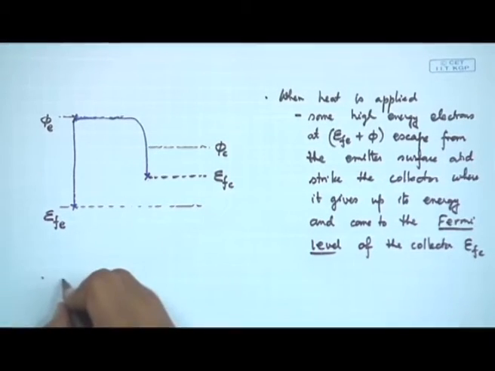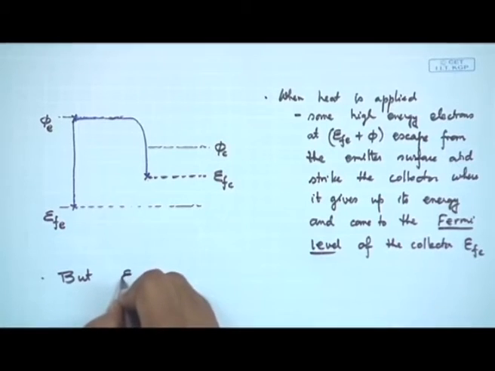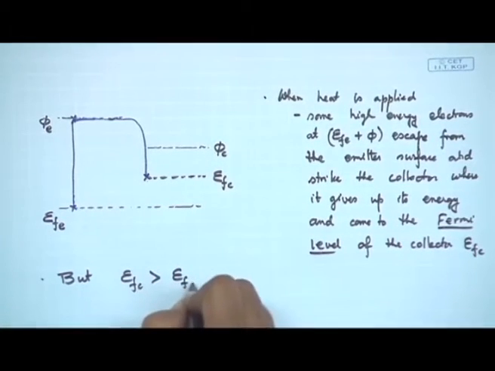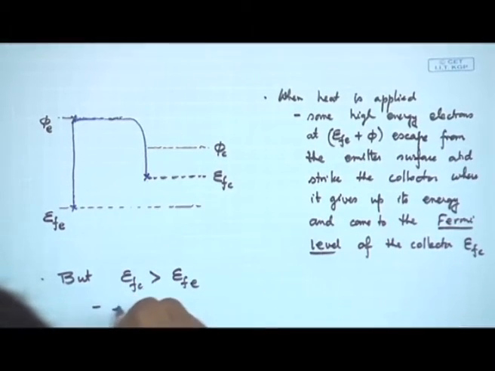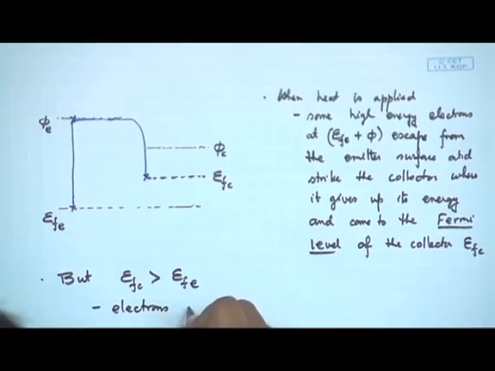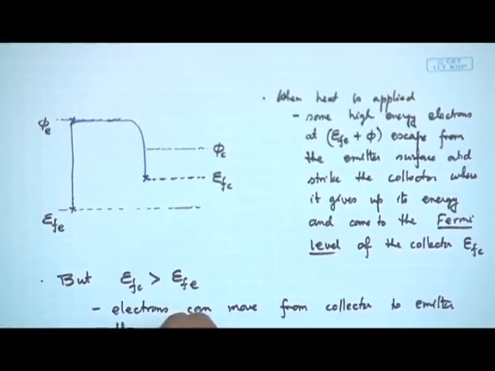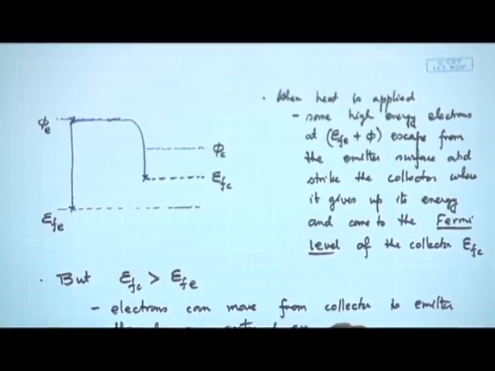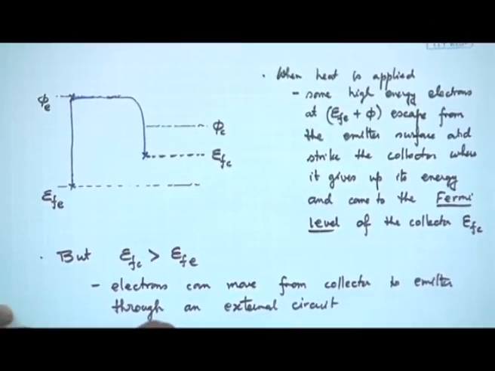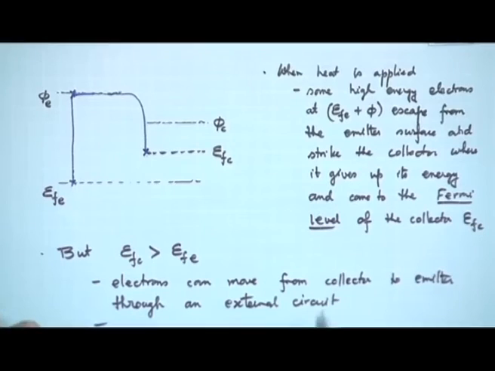But epsilon F c is greater than epsilon F of E. So, therefore, the electrons can move from collector to emitter through an external circuit. Okay. So, this is how we generate electricity.